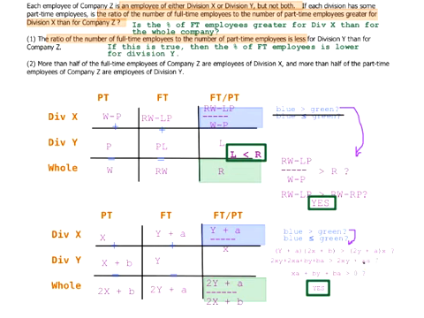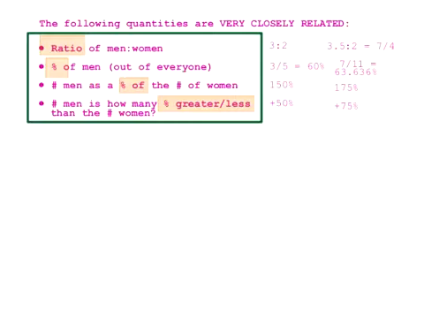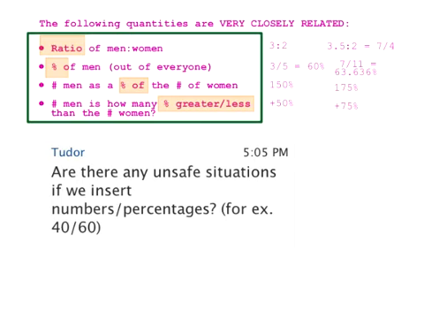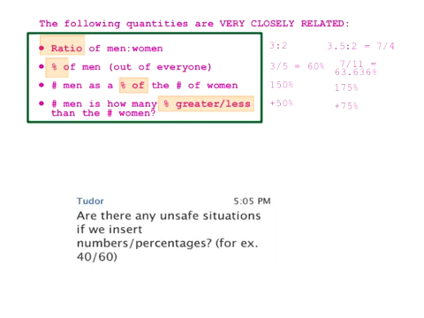All right, let's do another one. As far as the question about percentages, I mean, are there any? Tutor, I'm afraid I don't really understand exactly what this question means.